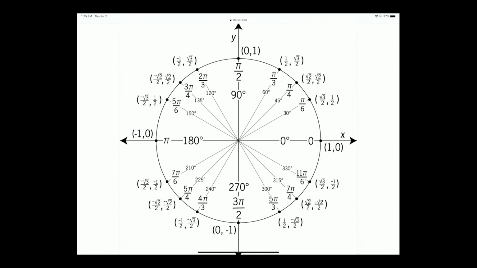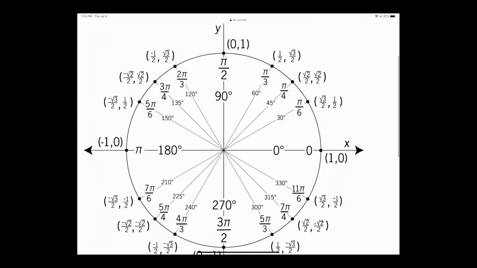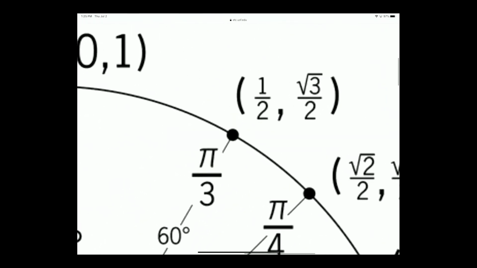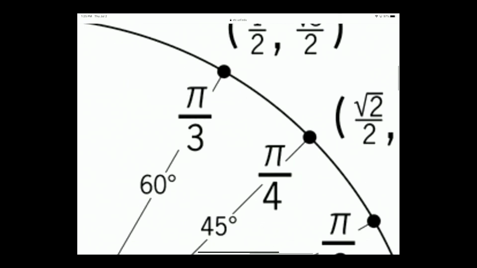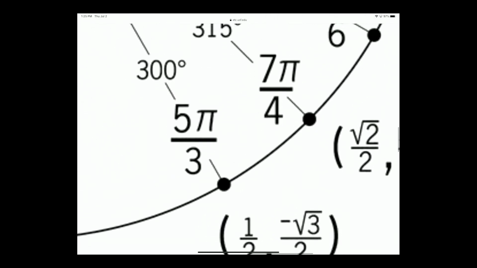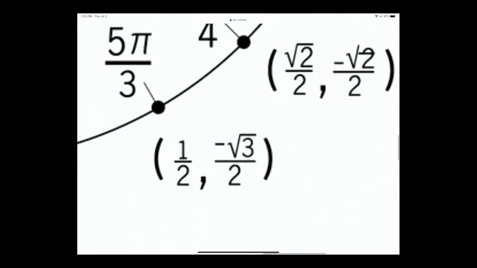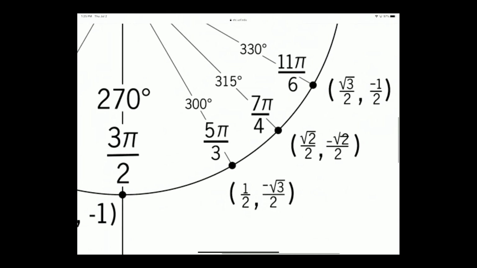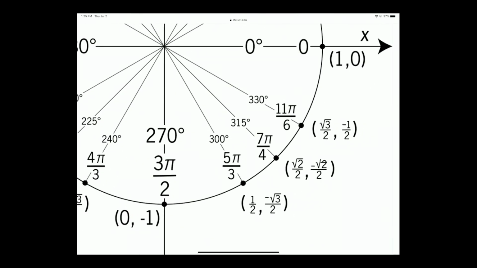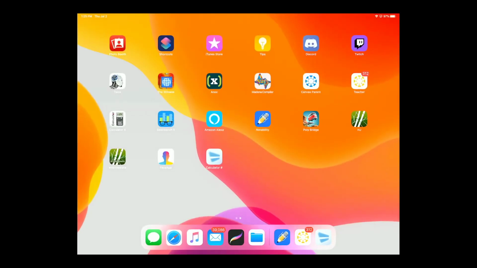At pi over 3, right there, sine inverse of square root 3 over 2 is pi over 3. Sine inverse of negative root 3 over 2 might say 5 pi over 3, but we should not call it that. We should call it negative pi over 3. So it's positive pi over 3 and then negative pi over 3.